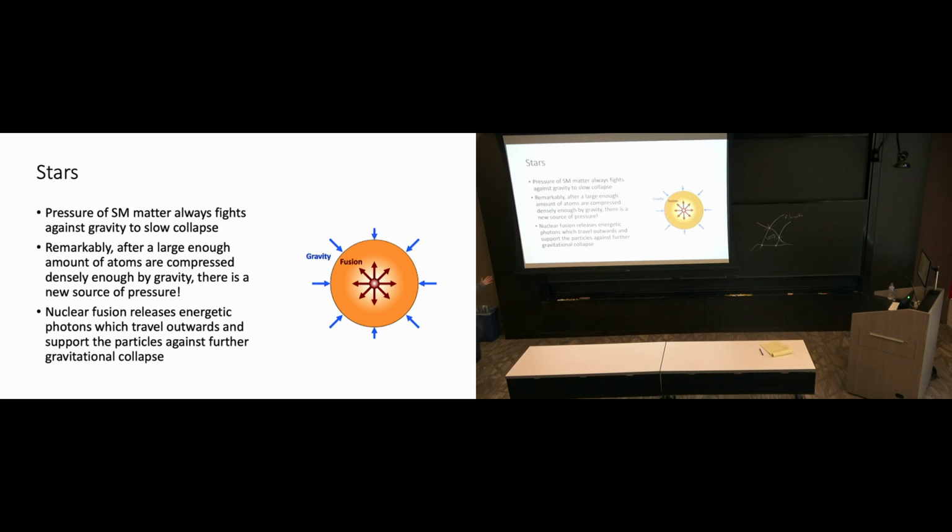From the perspective we've gotten to, starting in the first part of the course with the structure of the standard model and finding this very simple understanding of particle physics with just a few particles comprising everything around us, it's really amazing that this phenomenon of stars exists at all.